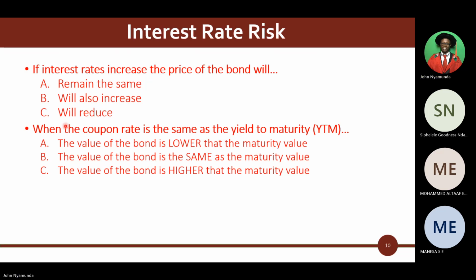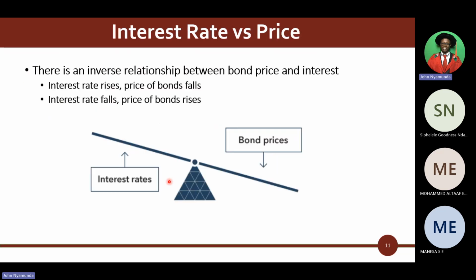Number 1, if interest rates increase, the price of the bond will reduce. Okay, that's question number 1. Question number 2, everyone got it right. When the coupon rate is the same as the yield to maturity, the value of the bond is the same as the maturity value. That's the par value bond. What we just did there.